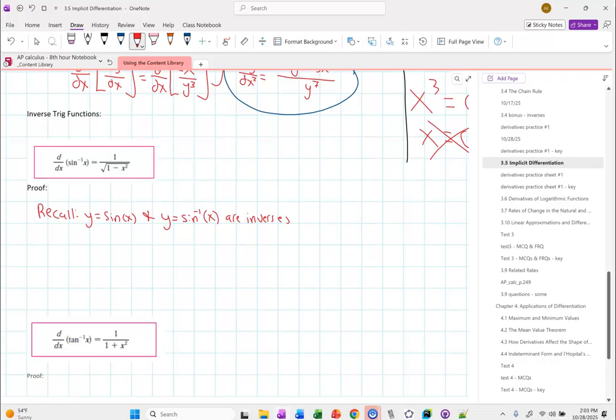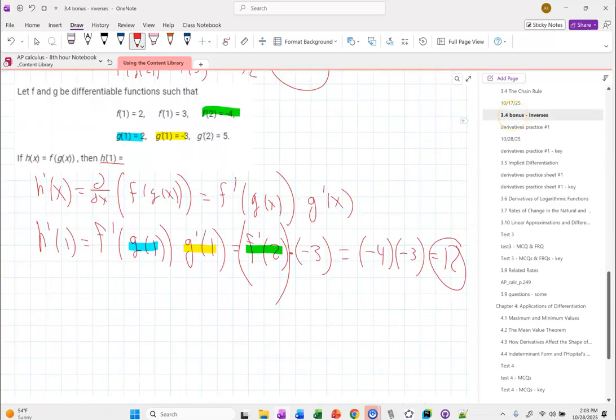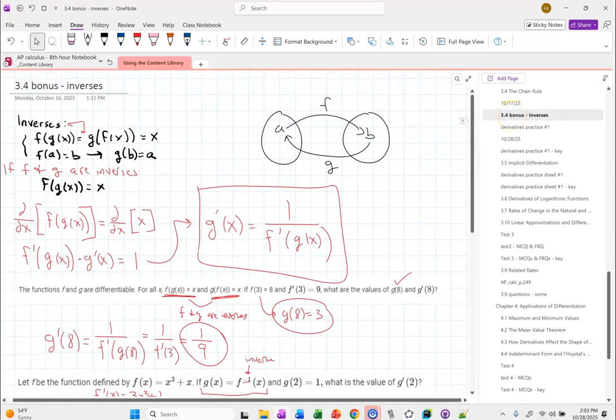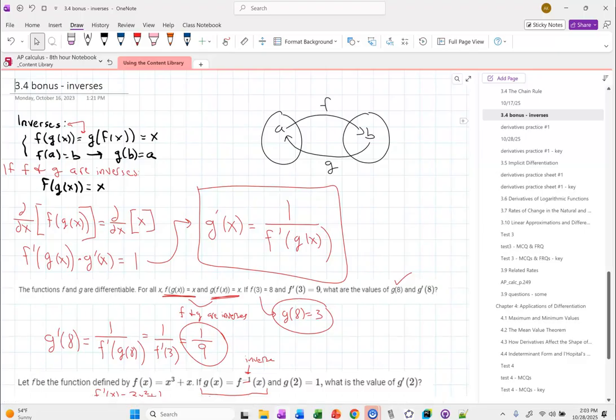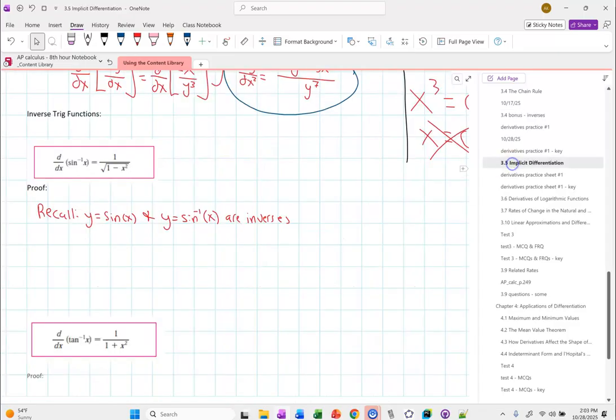Do you remember if we go back and look at the inverse section, we said if two things are inverses, then the derivative of g of x is equal to 1 over f prime of g of x. I'm going to take advantage of that. Where were we? Here.